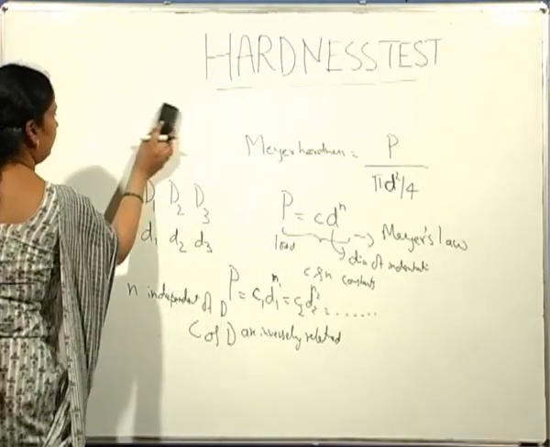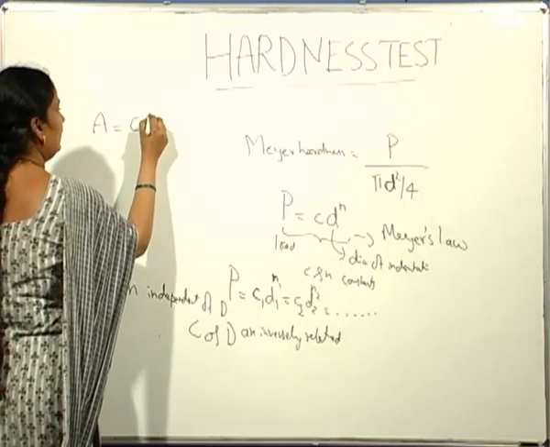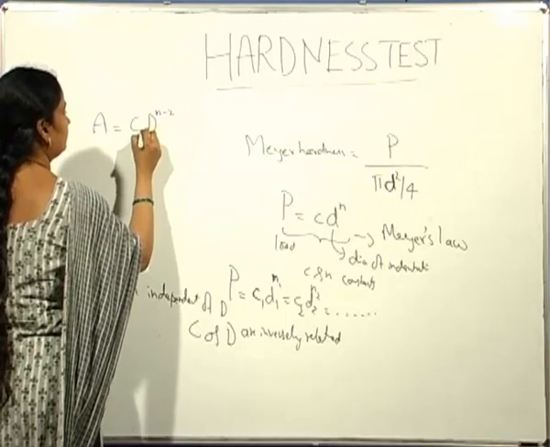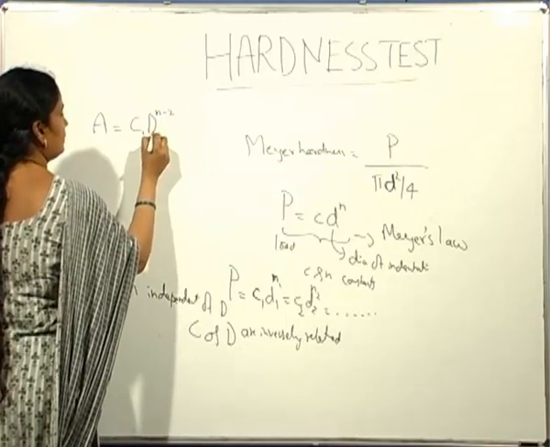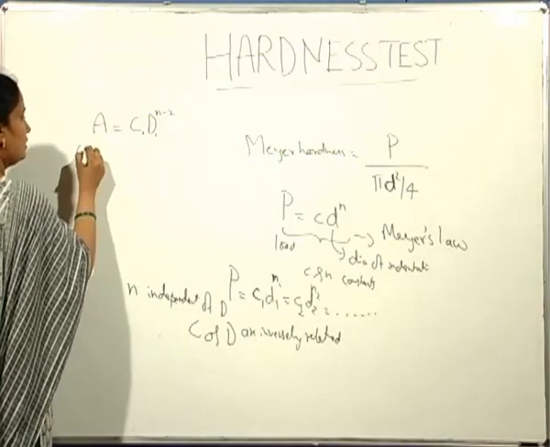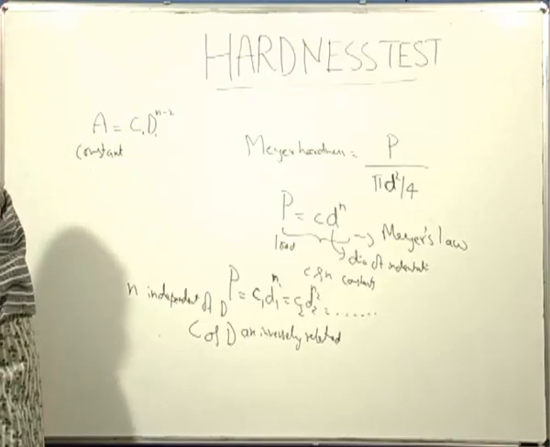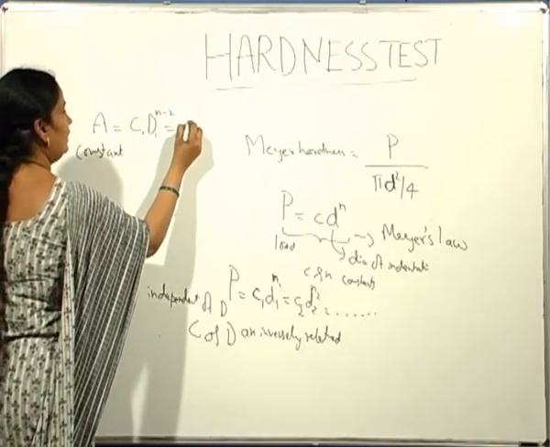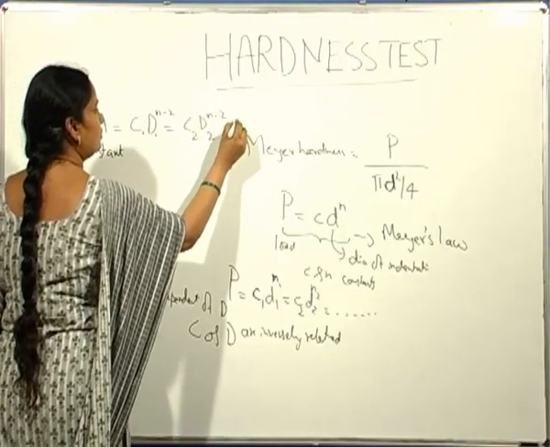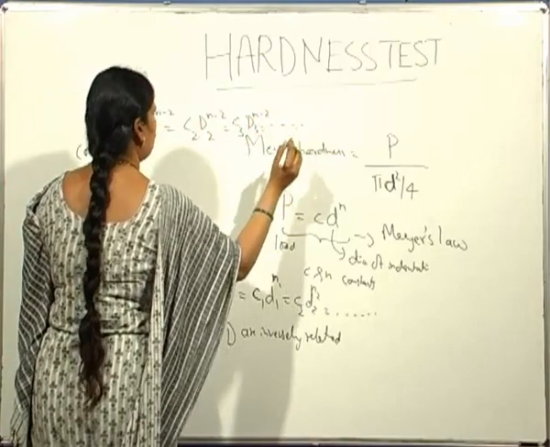So we can write now A is equal to C D to the power of n minus 2, where A is constant. That is C1 D1 to the power of n minus 2, C2 D2 to the power of n minus 2, C3 D3 to the power of n minus 2, and so on.